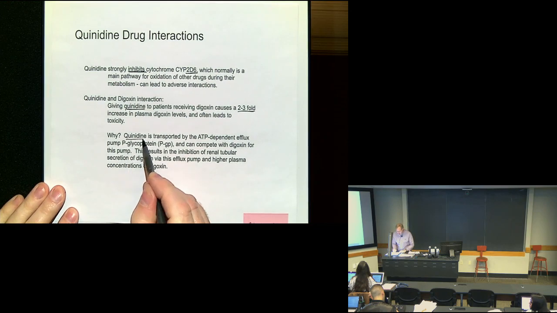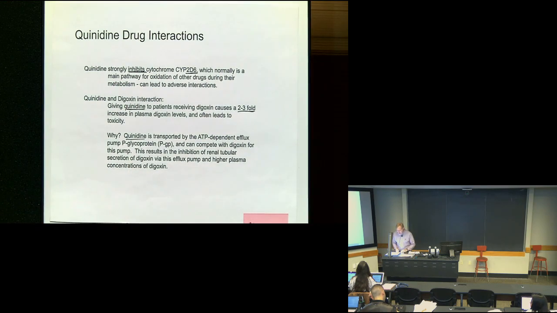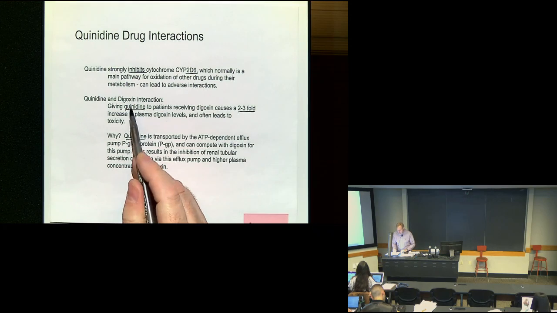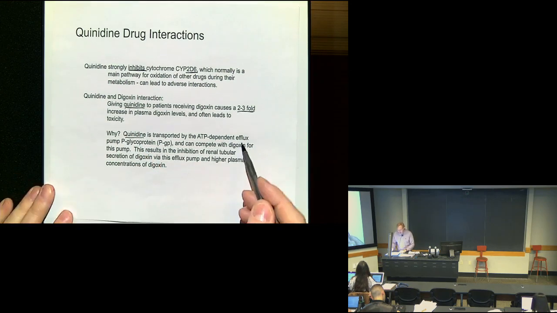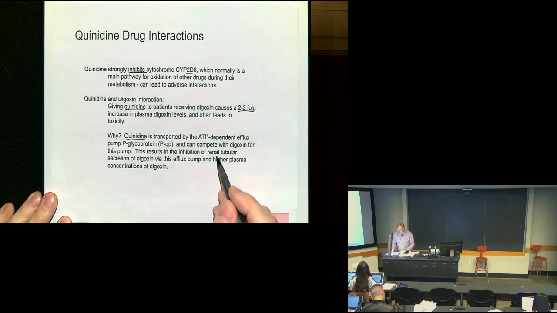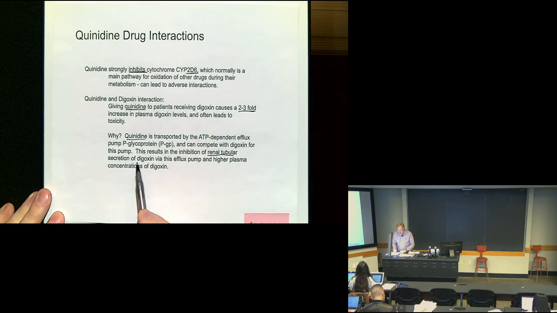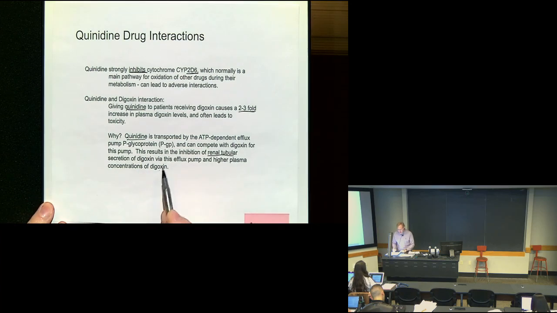But quinidine is a better competitor, so it prevents digoxin from getting eliminated by that efflux pump here in the kidney. You don't get as much elimination of digoxin in the urine, so you get higher plasma levels of digoxin because quinidine more effectively competes for this.